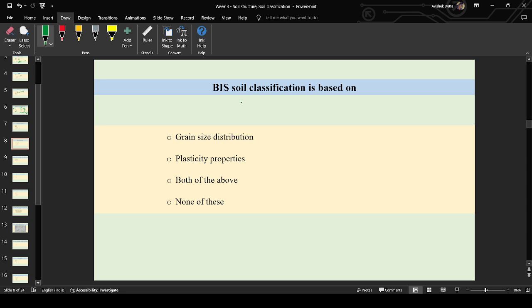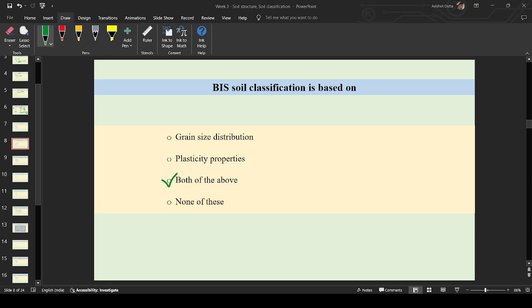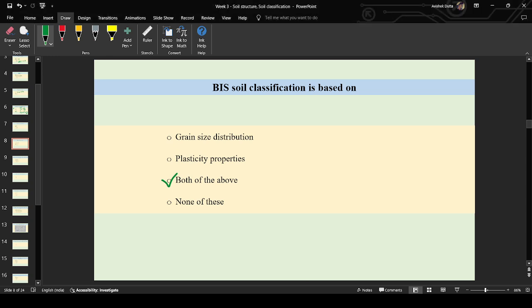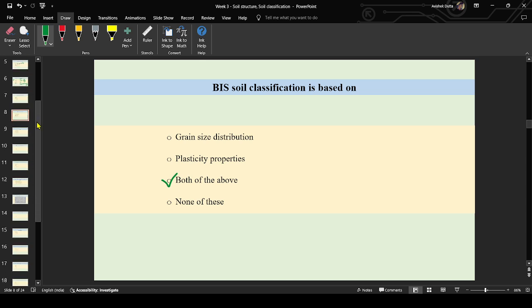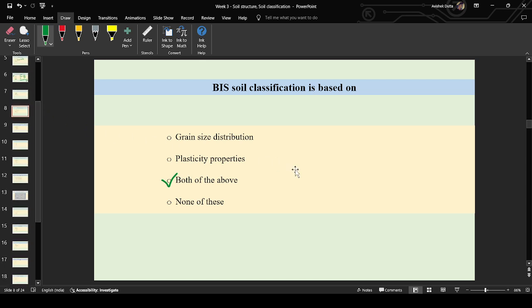BIS soil classification is based on option C, both grain size distribution and plasticity properties. So next question.